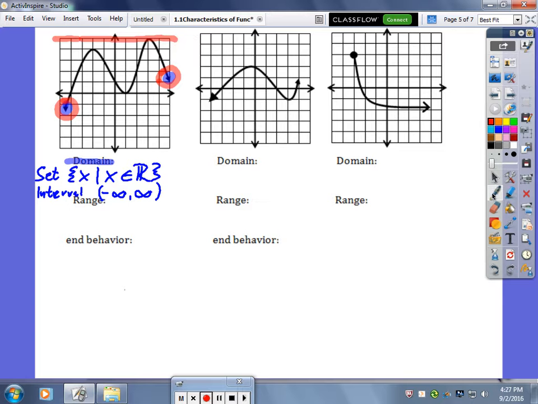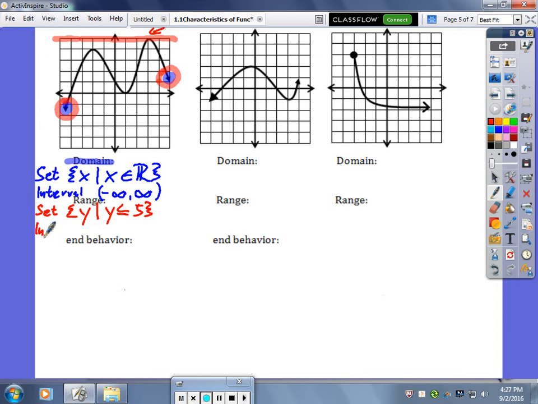So for our range, we will write in set notation y. Always remember that when we talk about range, we talk about y values. When we talk about domain, we talk about x values. y such that y is less than or equal to, up here, positive 5.